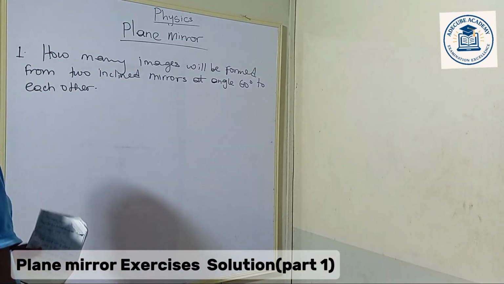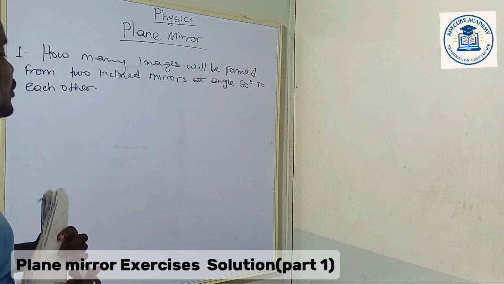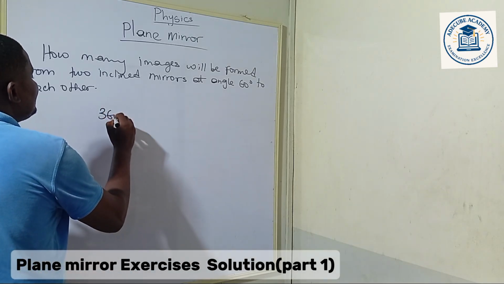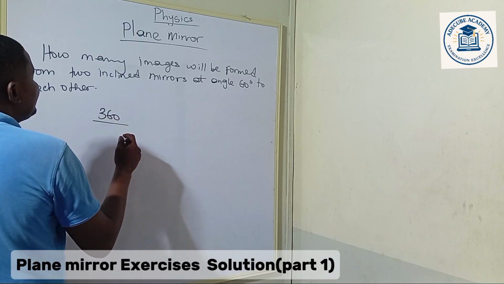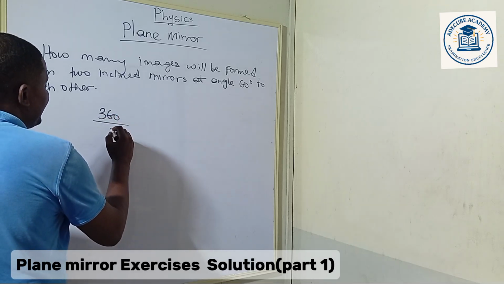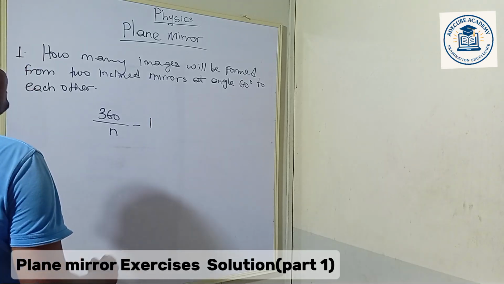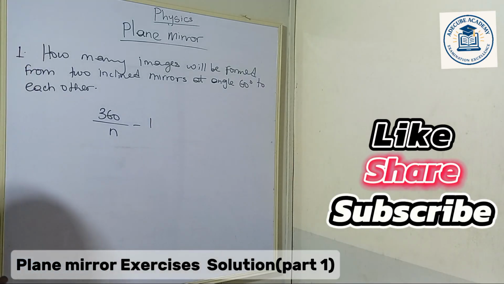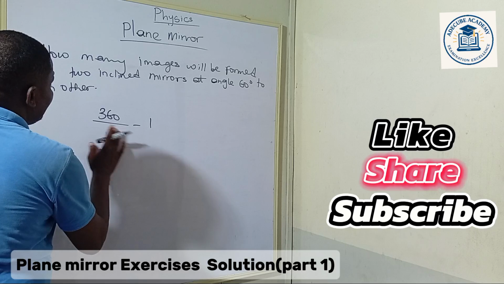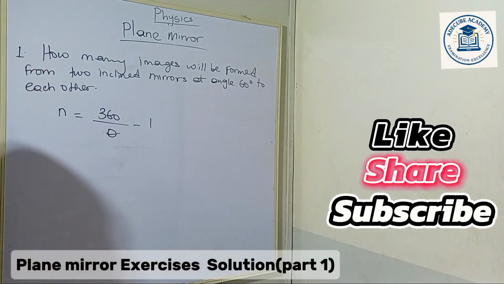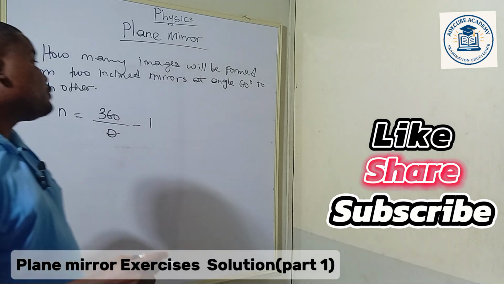And of course, there is a formula for solving this particular question. The formula is n equals 360 over theta, minus 1.